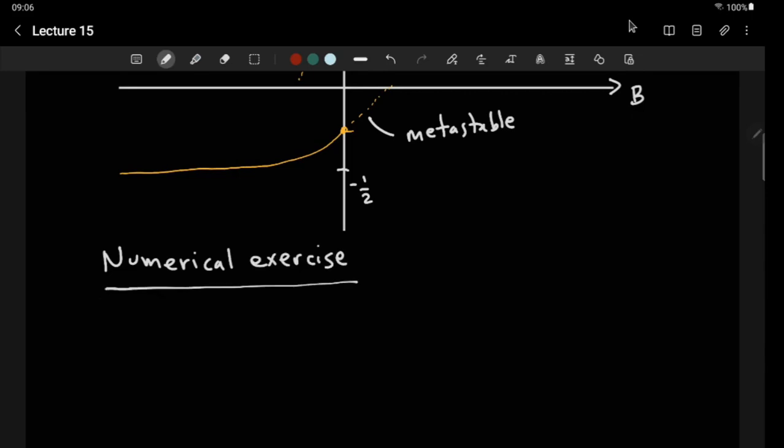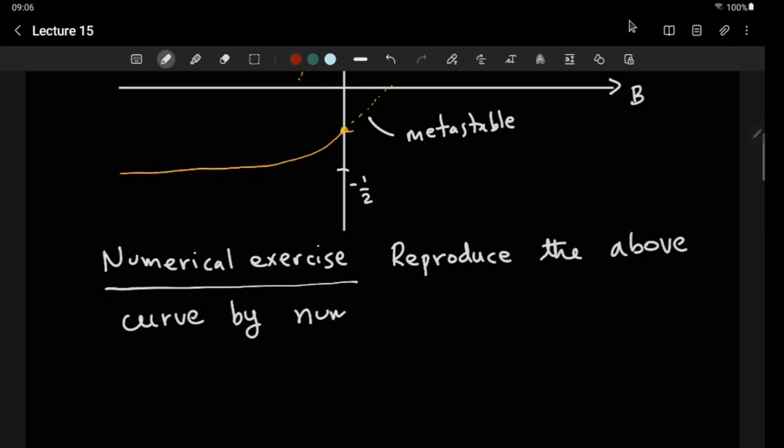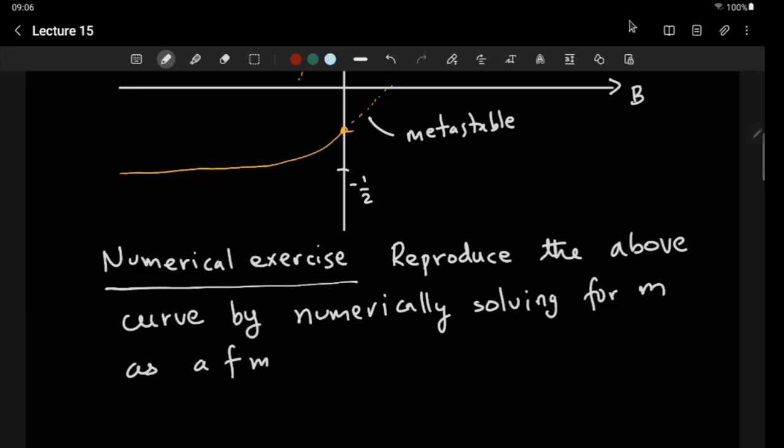Reproduce these curves by numerically solving for m as a function of b, keeping T less than Tc.